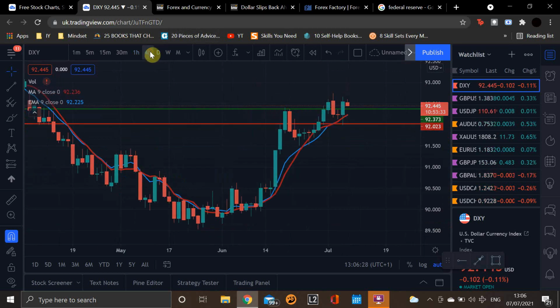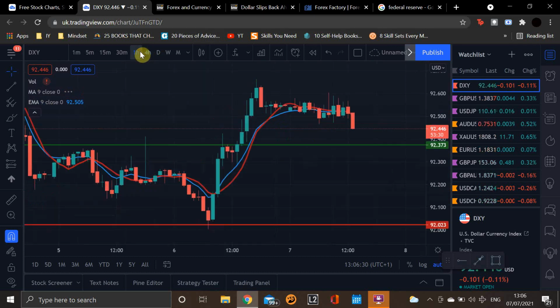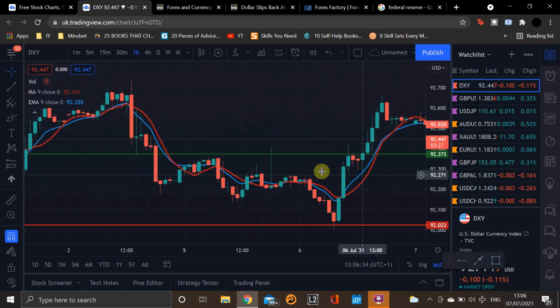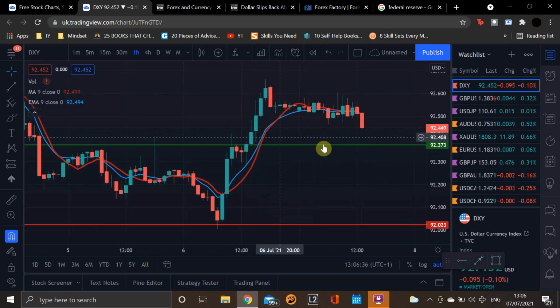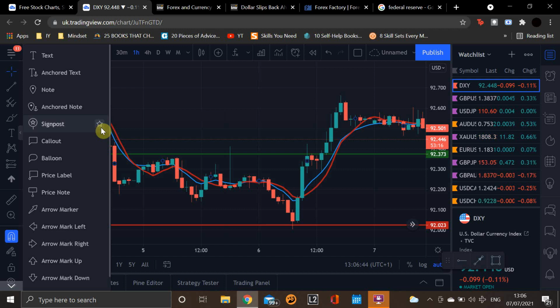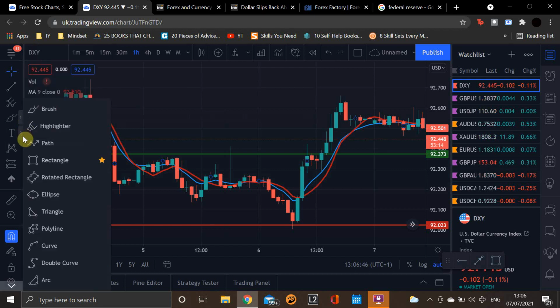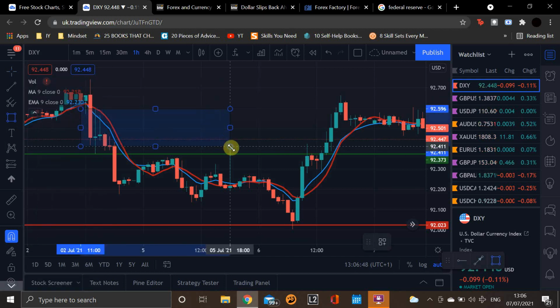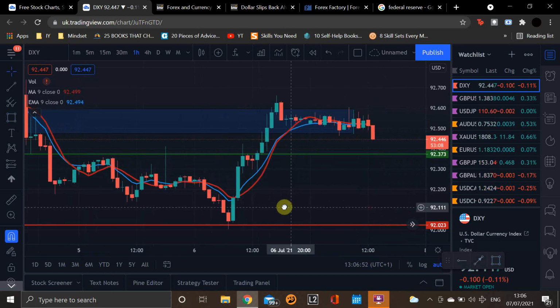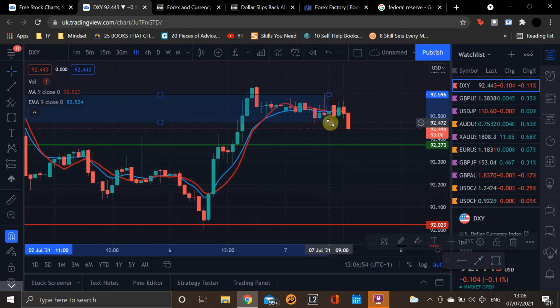It might retest this area here. We'll see. What I might do is draw a box or a rectangle here.